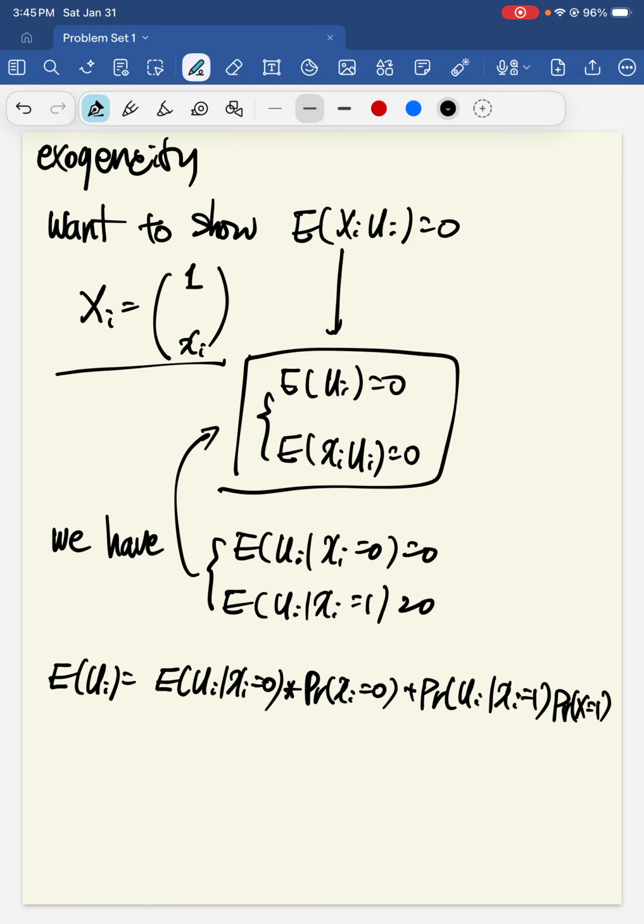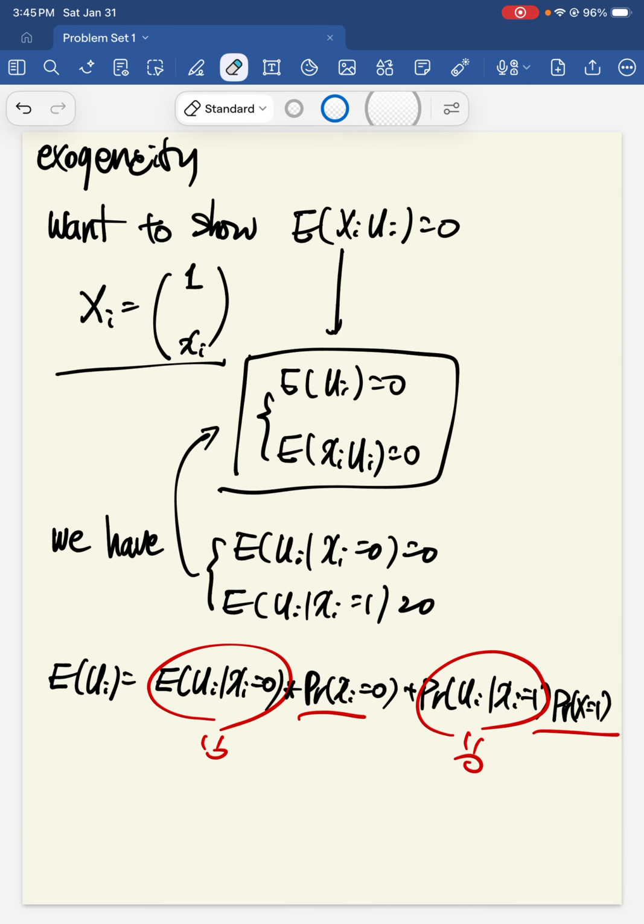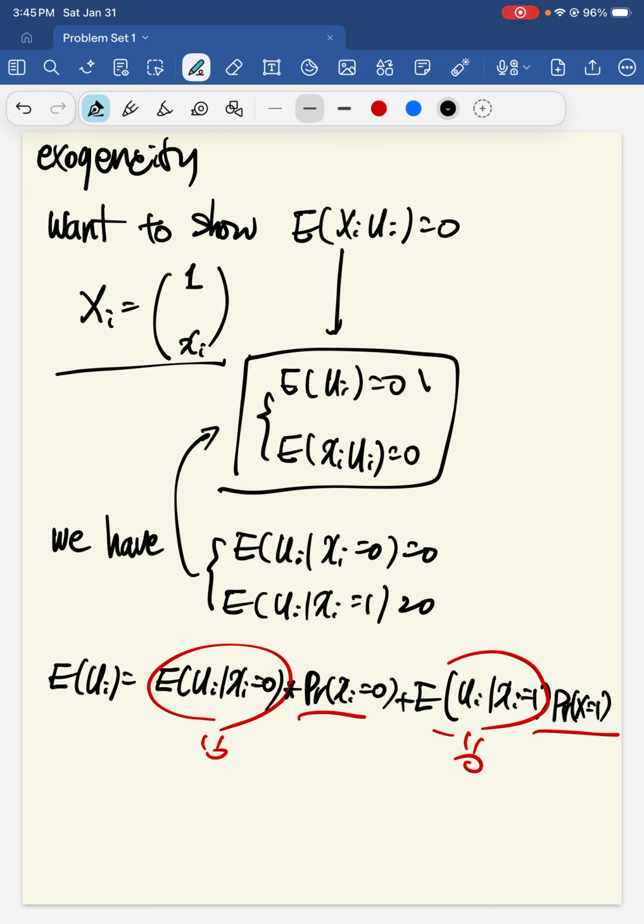Okay, it doesn't matter what these guys are. We already have this equals 0, this equals, excuse me, there was a typo. It's not probability, I meant expectation of u, right? So anyhow, both are 0. So we already proved this part.